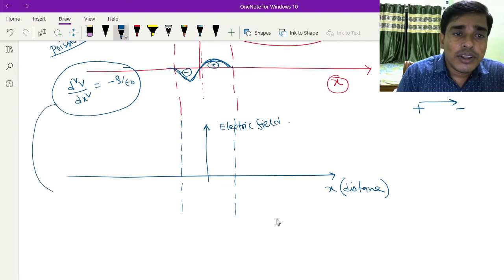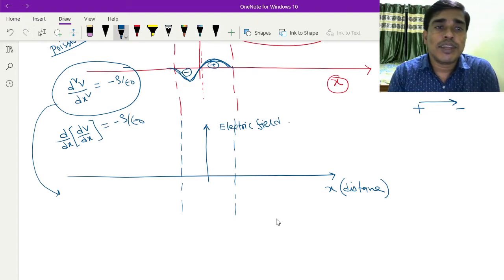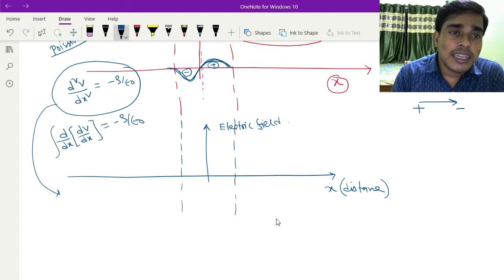So this is the Poisson's equation. From here we can write d by dx of dv by dx equals rho by epsilon naught. If I integrate both sides, then what happens?